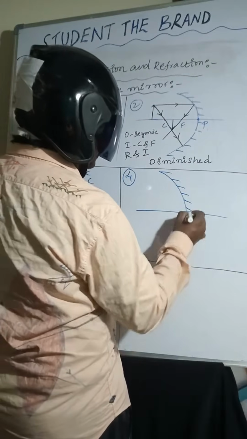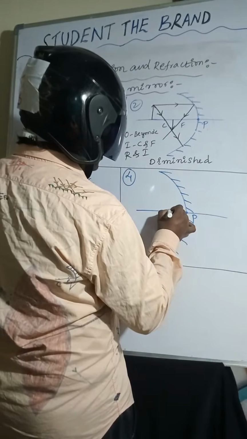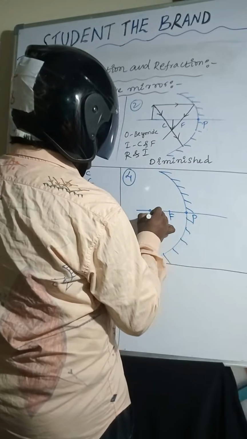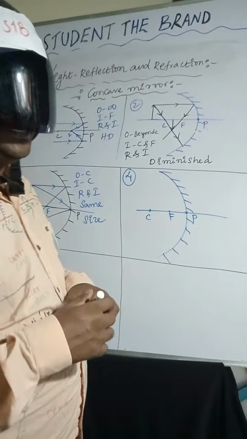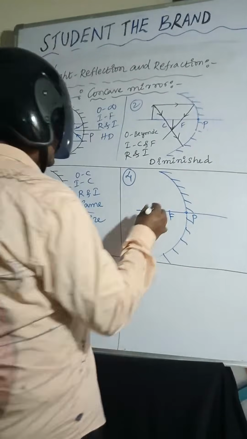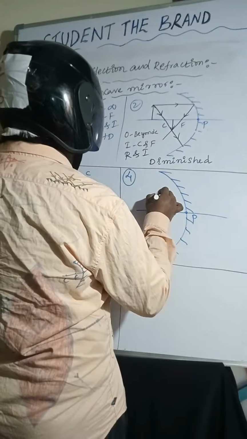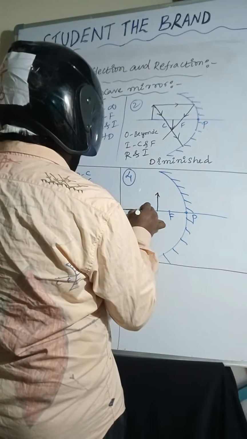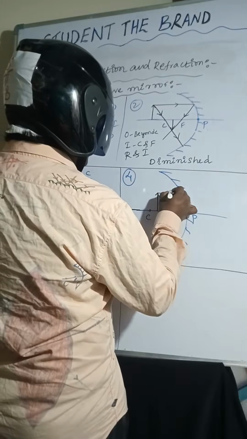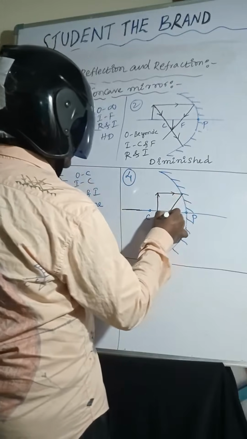So pole, focus, center of curvature. Object is placed between C and F. One light ray I am taking like this, it passes through focus.